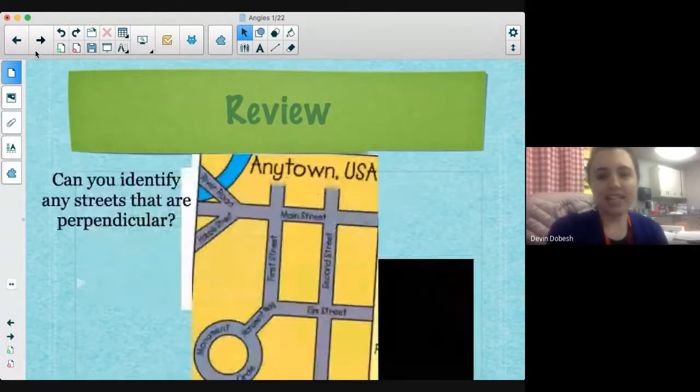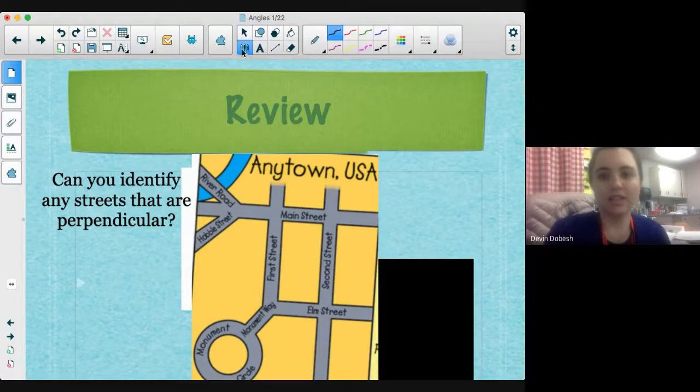Can you identify any streets that are perpendicular to each other? Well, let's look. We've got Main Street that runs this way. We've got 2nd Street that runs this way.